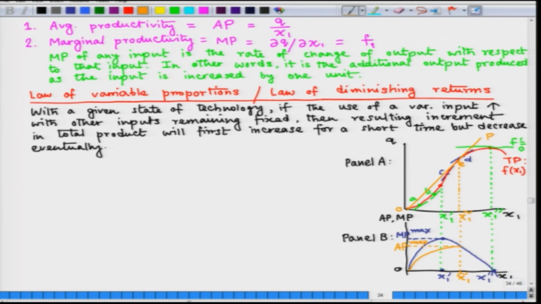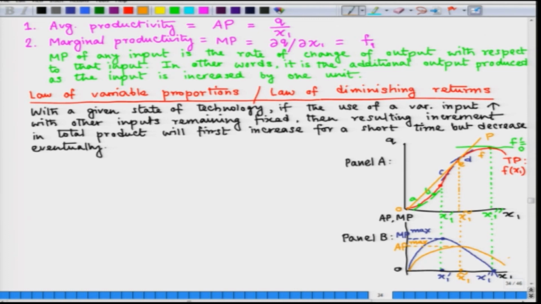and then as we move on to point like D and then maybe another point say F here, then you see that average product is falling as the slope of the straight line joining this point to origin has gone down. So, the average product beyond this point or input level x1 tilde actually is about to fall like this.